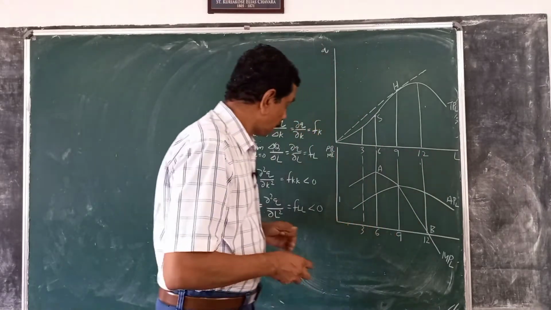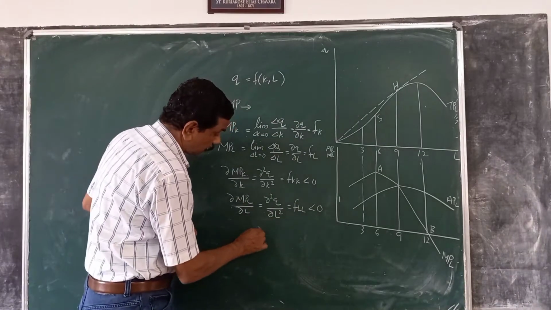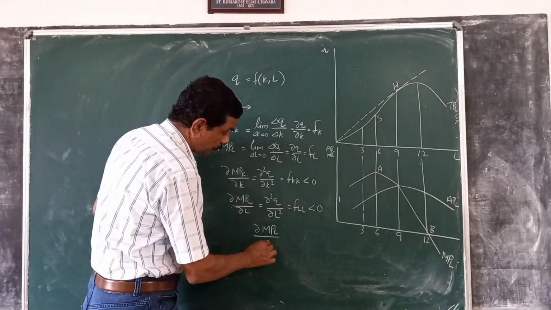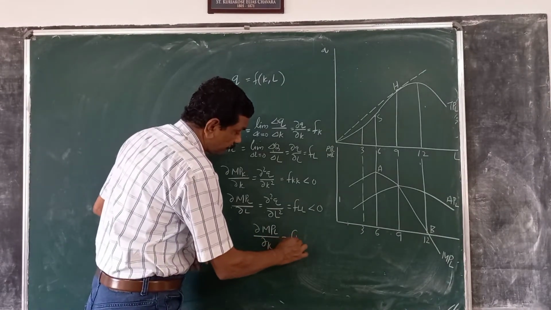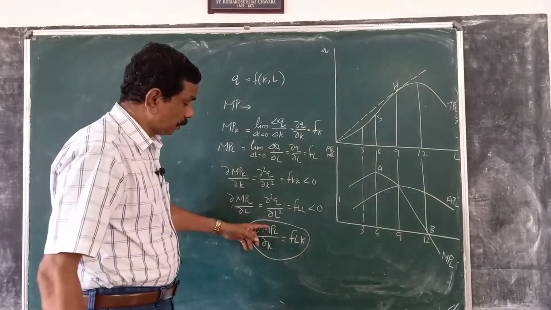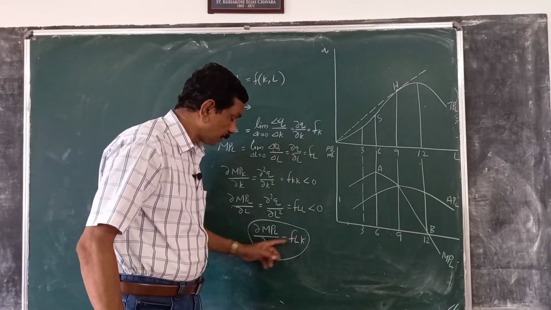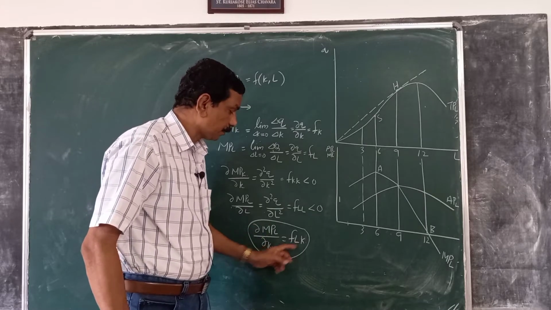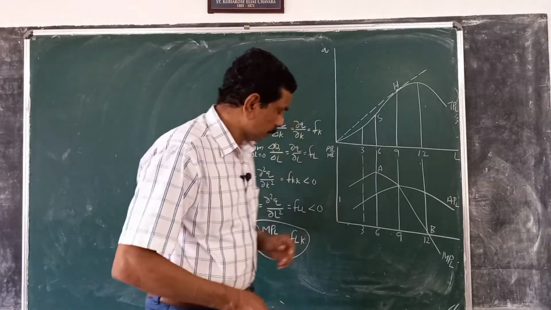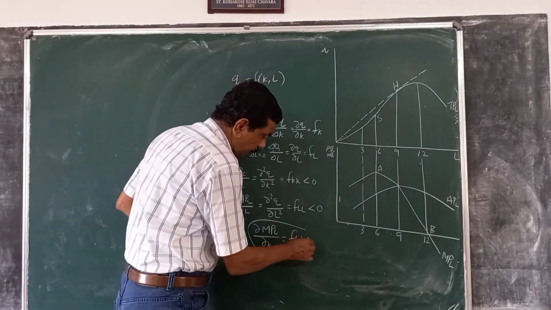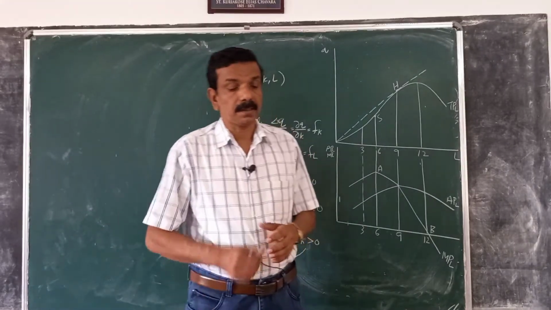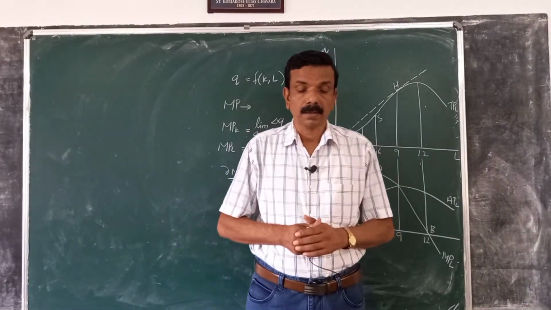Mathematically, we have to consider dou MPL by dou K, which is equal to FLK. That is the change in marginal product resulting from a change in other inputs. And in most cases, this FLK is greater than 0.